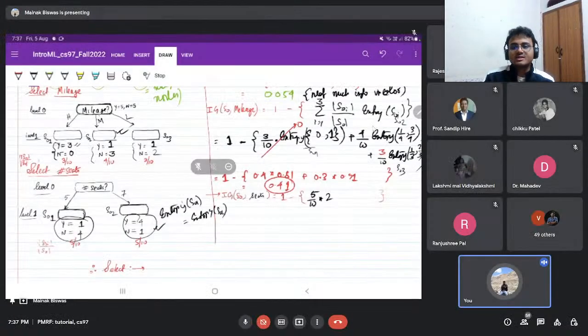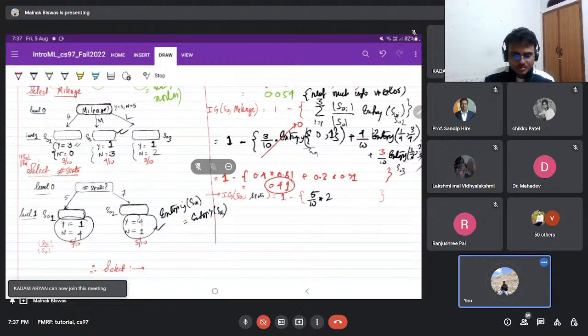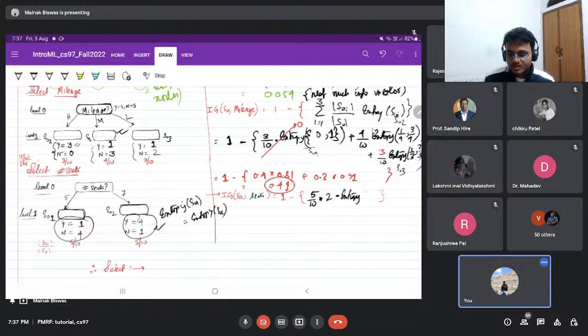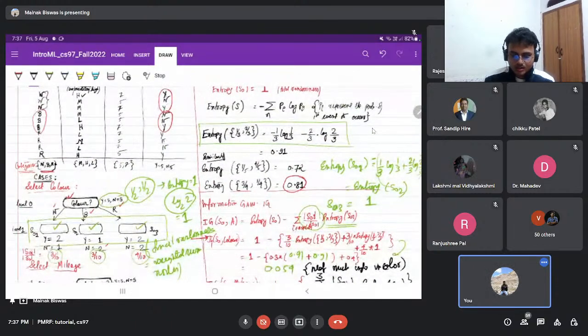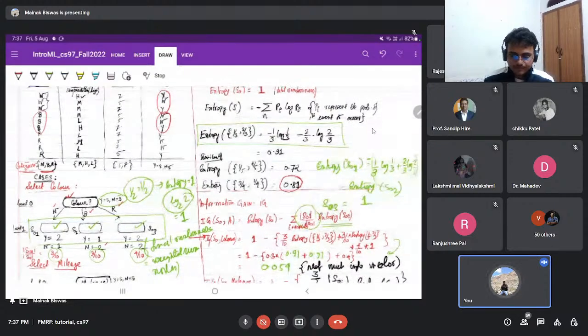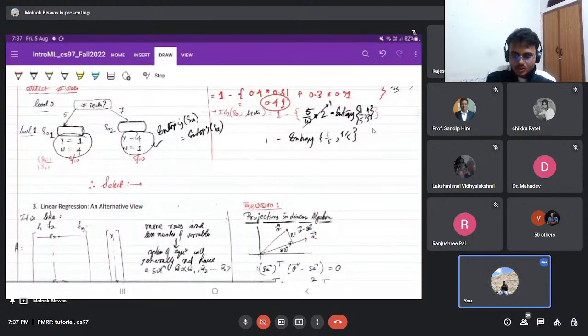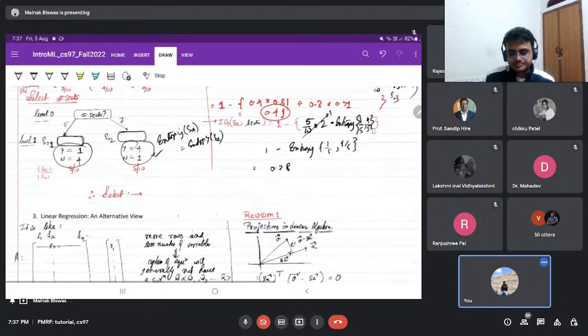So you just need the entropy of the distribution 1 by 5 and 4 by 5. The 5 by 10 into 2 turns out to be 1, so 1 minus the entropy of 1 by 5, 4 by 5, which is 0.72. This turns out to be 0.28.